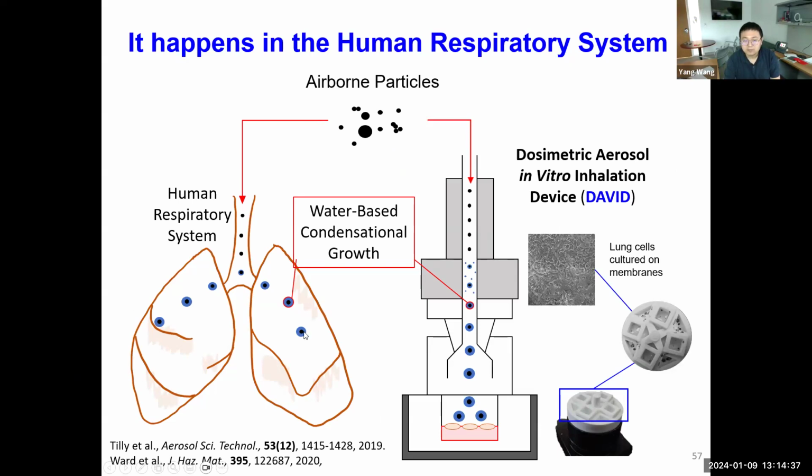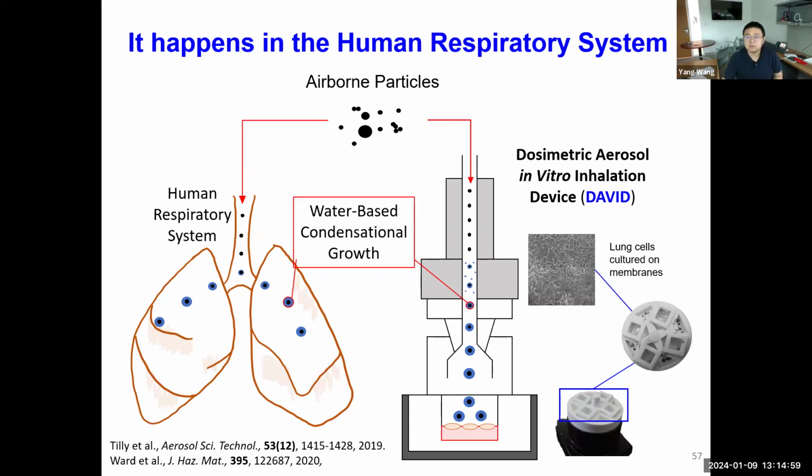In our human lung, we're actually creating these highly saturated, highly moist environments, right? So when we inhale the cooler air inside, the high concentration of water vapor is going to grow onto these particles and make them droplets. And once they're droplets, they will deposit onto the lung epithelial cells and create some toxic effects.